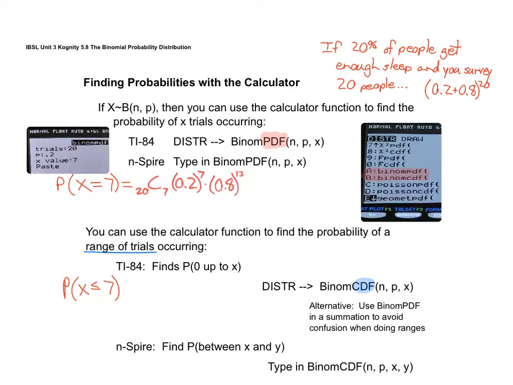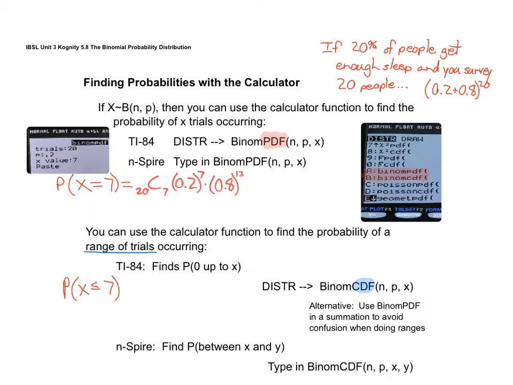These have to add up to 20. And notice here, we have 7 people who do get enough sleep, we get 13 people who do not get enough sleep. And then we multiply by the binomial coefficient. Okay? That's how you would do this.